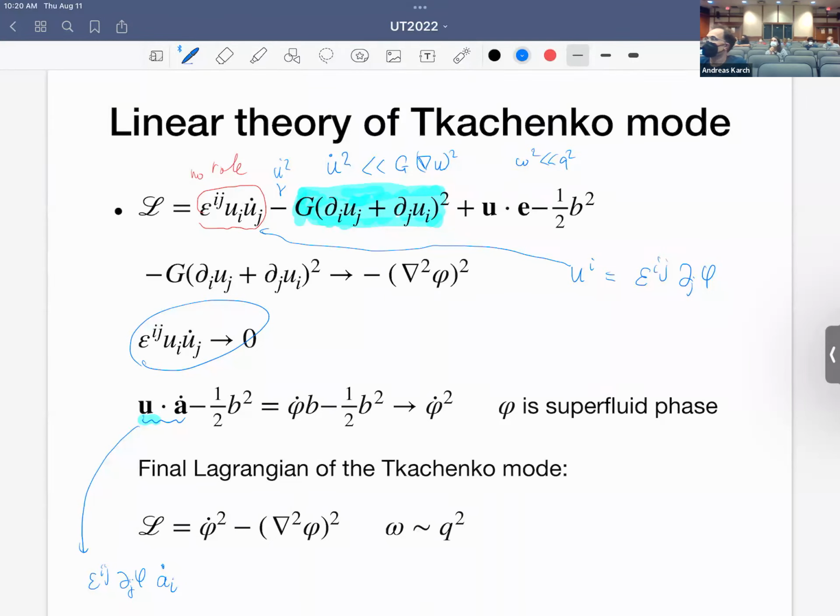Since I've written everything in this language, if we do the calculation more accurately, the natural thing to write here is an L squared, so that phi has dimension zero, dimensionless. And this L is the magnetic length, because when you rotate, it corresponds to a magnetic field, and L squared is proportional to one divided by the magnetic field.